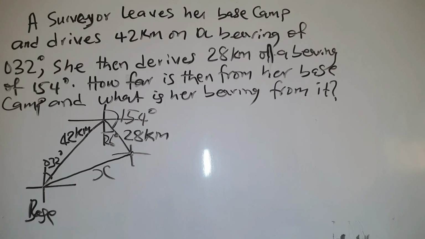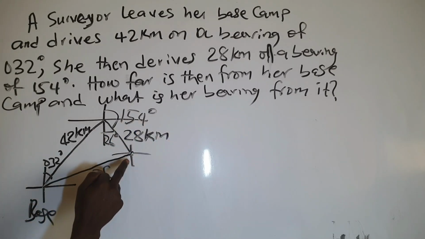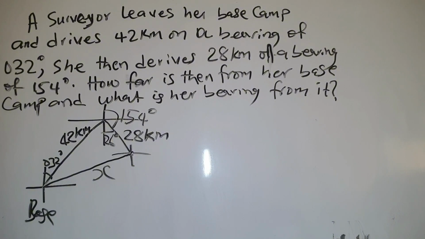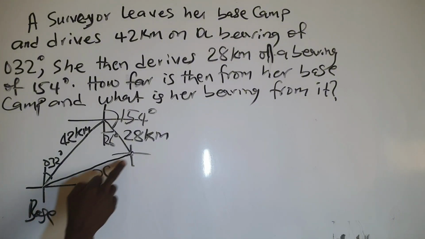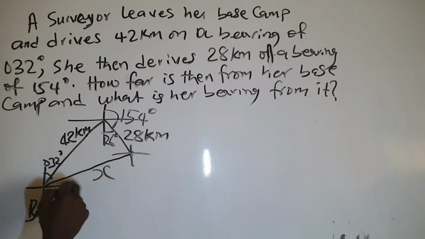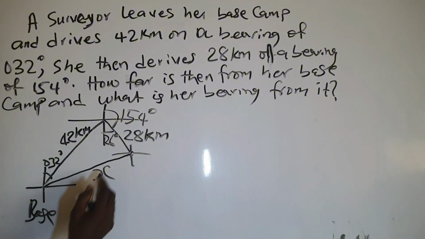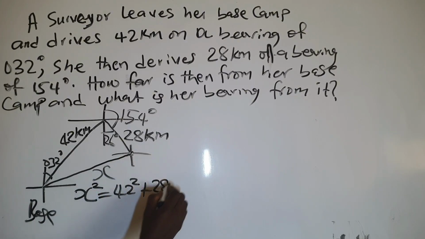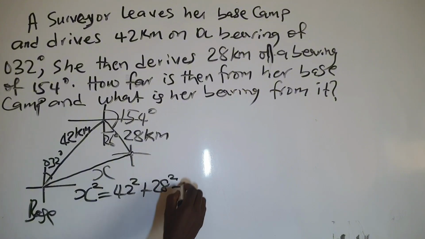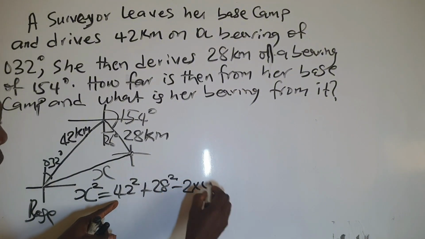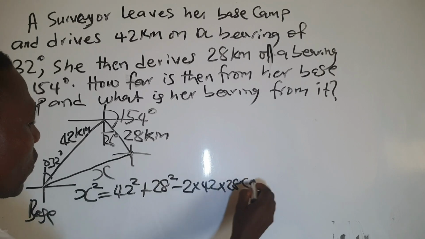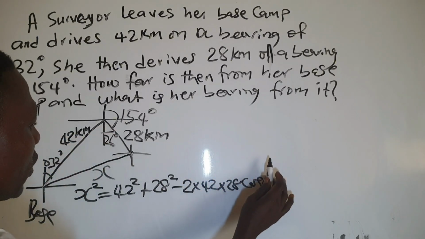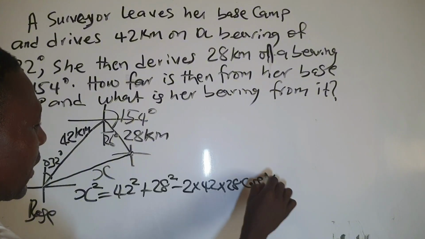For us to find how far this lady is from here to here, we will now use cosine rule. Cosine rule, which says this side squared equals the addition of these two other sides squared, minus 2 times the product of those sides times the cosine of the included angle. So x squared, which we are looking for, equals 42 squared plus 28 squared minus 2 times 42 times 28 cos of the whole angle, which let us call cos of capital X, okay?